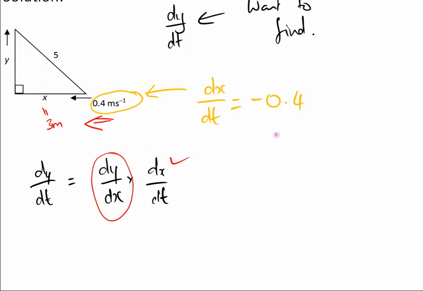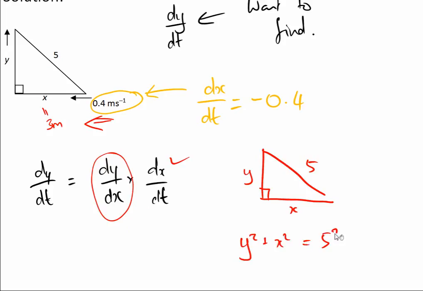This is a right angle triangle, right? With sides 5, x and y. So what can I say? I can say that y squared plus x squared is equal to 5 squared, or y is equal to the square root of 25 minus x squared. And this I can differentiate. This isn't too difficult.